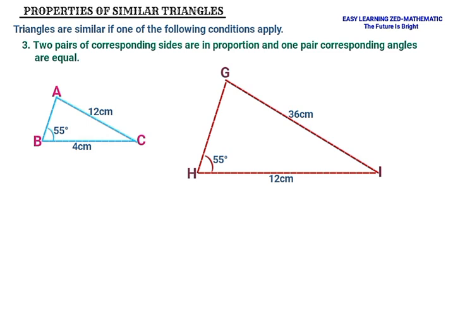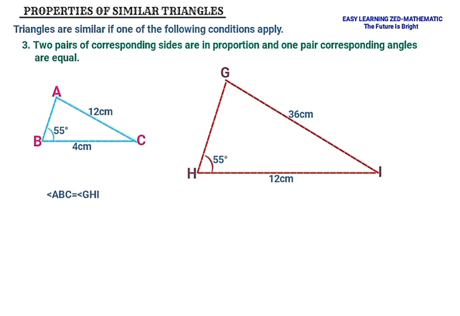When you look at 4 and 12 down, 4 is proportional to 12 centimeter. So what we are trying to say is if the angles given are equal and the sides given are in proportion, then those two triangles are similar triangles.